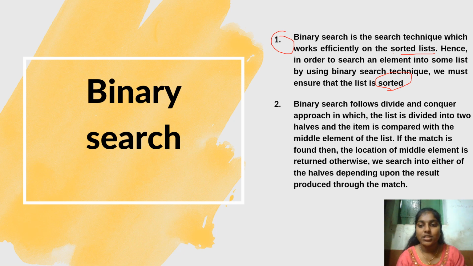So binary search follows the divide and conquer approach. It divides the list into two halves and compares. If the middle element is equal to the search element, then we are going to display the message that the element is found.